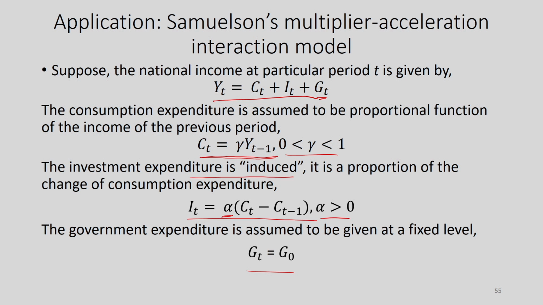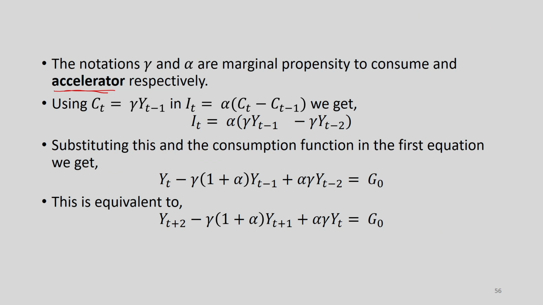We have already introduced the marginal propensity to consume, that is gamma, which we shall see is an element of the multiplier, and we have introduced the accelerator. Subsequently, we shall see that these two will interact to throw up interesting configurations of the time path of income.